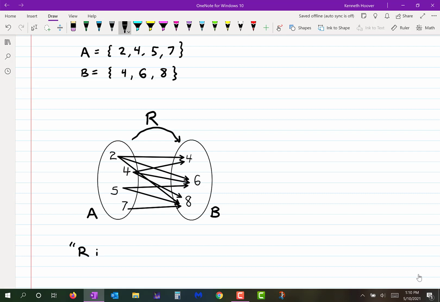R is a relation from A to B. Okay, and this set A is called the domain of the relation, and the set B is called the codomain, not the range.